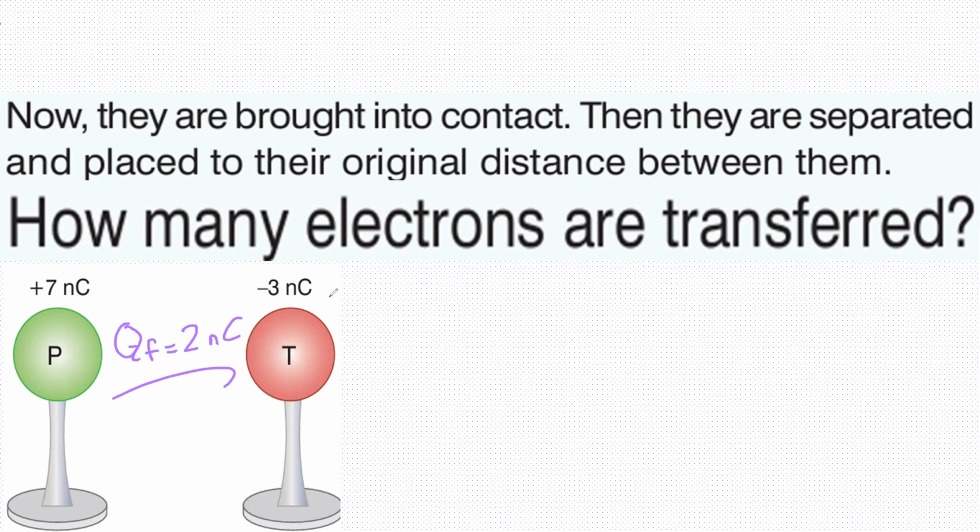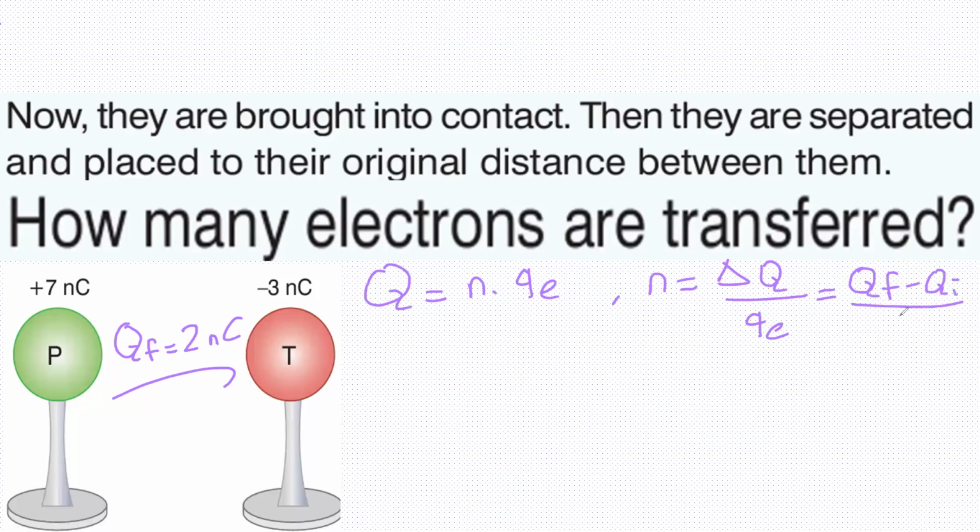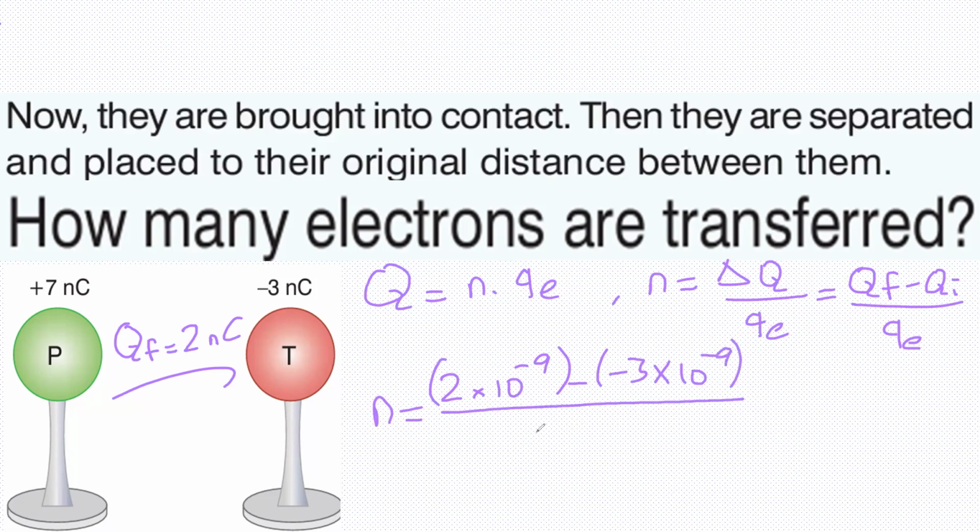All right, let's continue with our answer now. Q equals N times QE, and then N is equal to delta Q over QE. So we can write Q final minus Q initial over QE. Okay, let's calculate it now. N equals, Q final is 2 times 10 to the power of negative 9 minus, let's use negative 3 times 10 to the power of negative 9, over 1.6 times 10 to the power of negative 19.